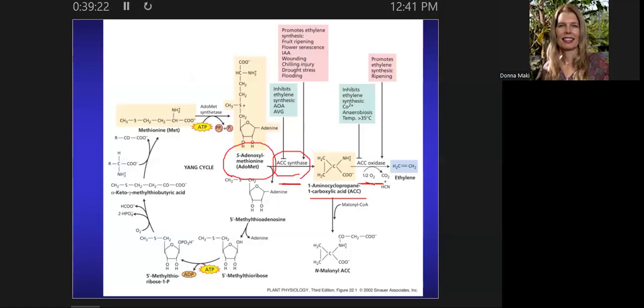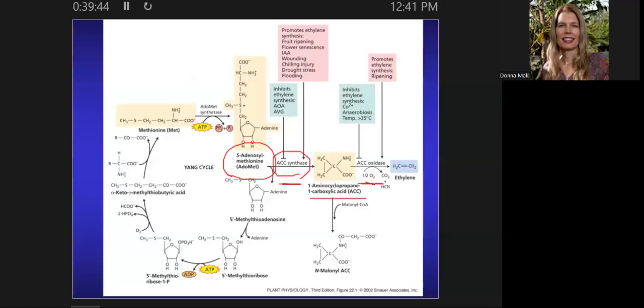So that last little side branch, those couple of steps, I would like you to be familiar with, because I'll be talking about how we manipulate that. Sometimes we don't want ethylene going at full tilt in the plant for human purposes, and so we need to manipulate that to slow it down.